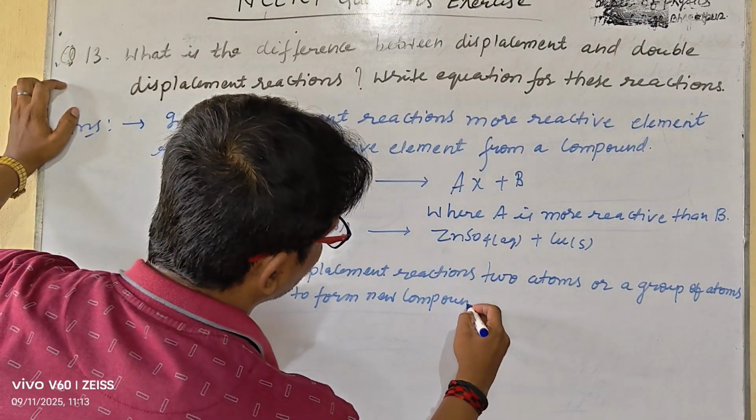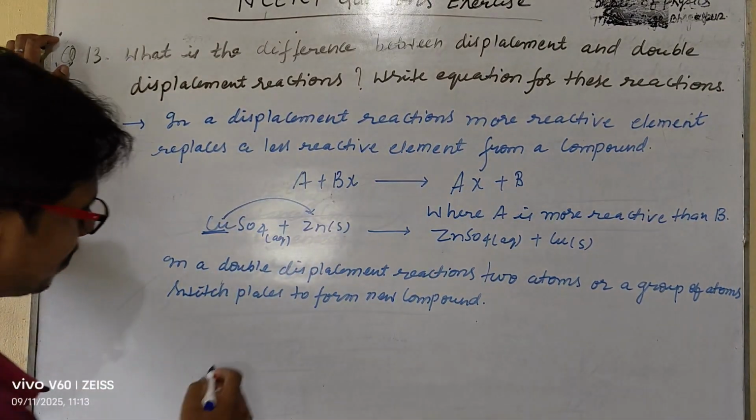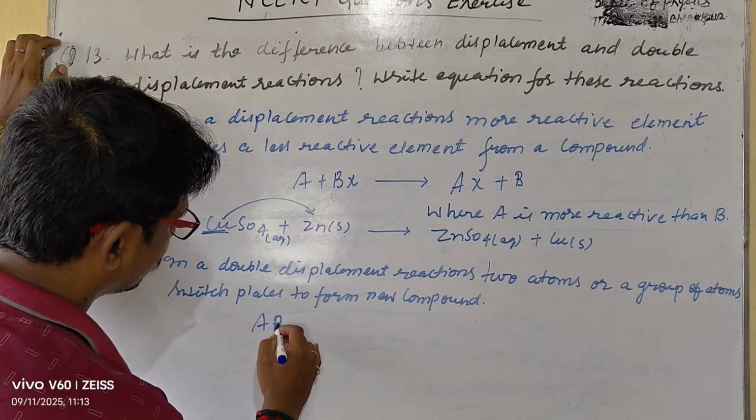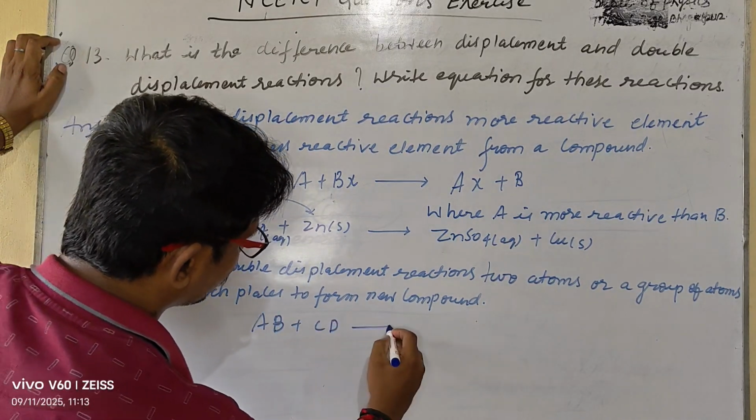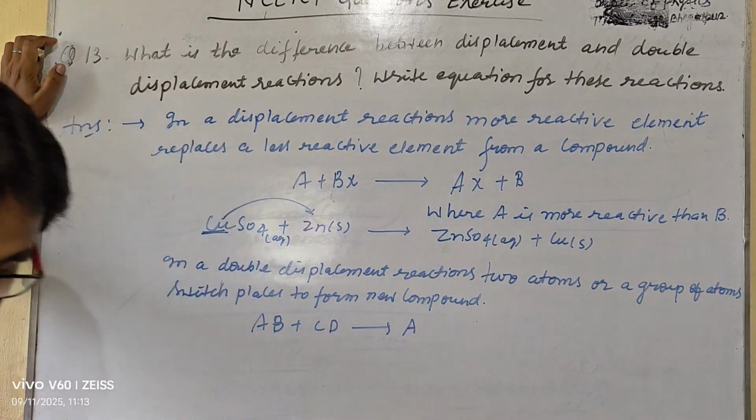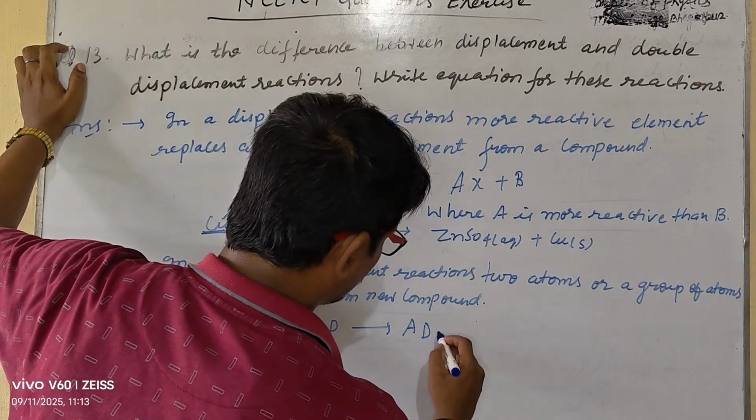How can they switch their places? Like that: AB plus CD gives AD plus CB.